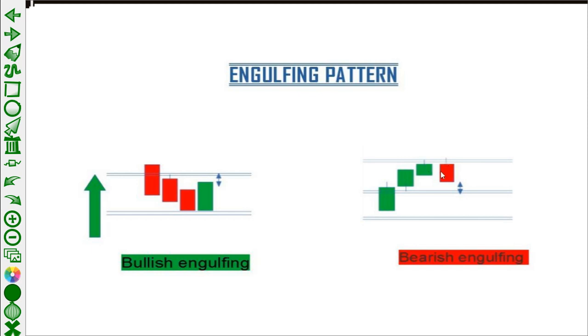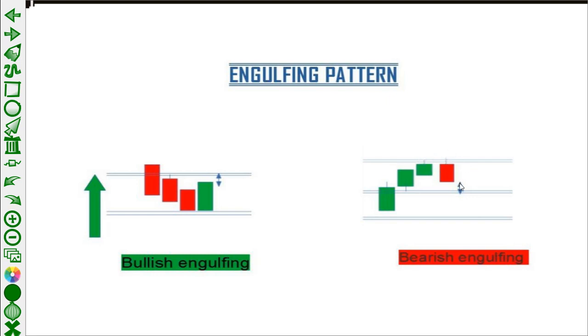The red candle means the sellers are now activated and strong enough to push the buyers down. If it completely engulfs the first candle, it means there is more selling pressure than buying pressure, and the market is expected to go down for at least one more candle time frame.